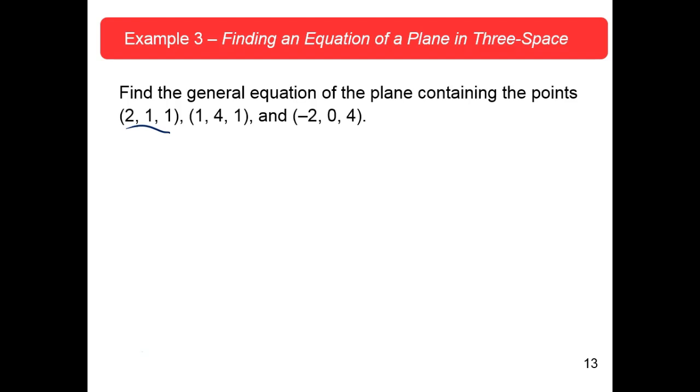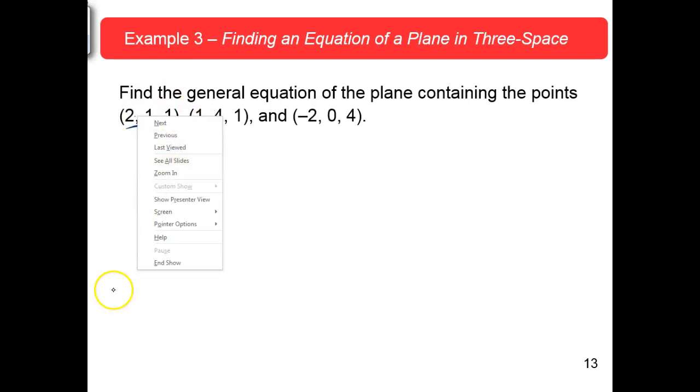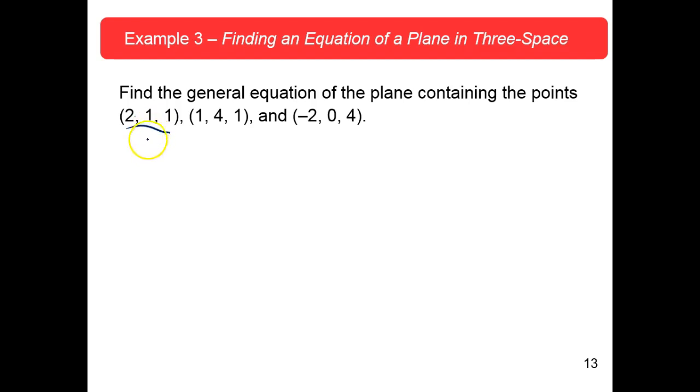Now, here's the two vectors that you cross. You need vectors. Okay? Let's take the first vector using this as the starting point, use that as the end point. And that would be the vector -1, 3, 0. Right? 1 minus 2 is -1. 4 minus 1 is 3. 1 minus 1 is 0.